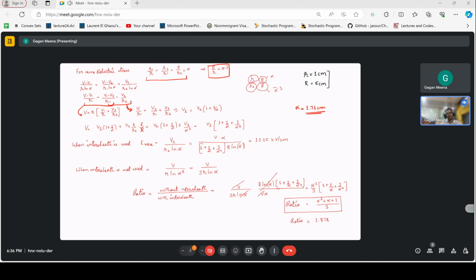So R by R2 is R by capital R times capital R by R2, which is 1 by alpha cube times alpha, so this becomes 1 by alpha square.